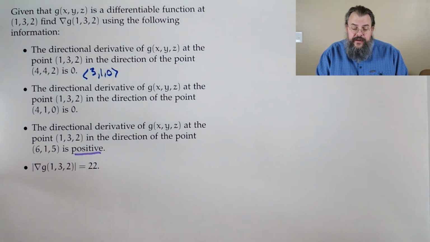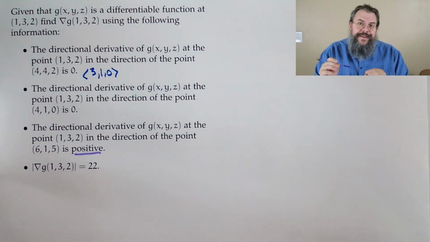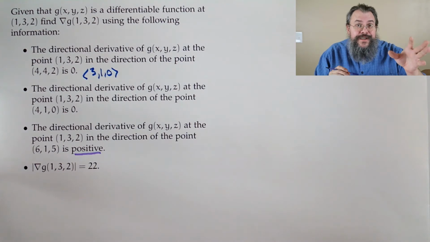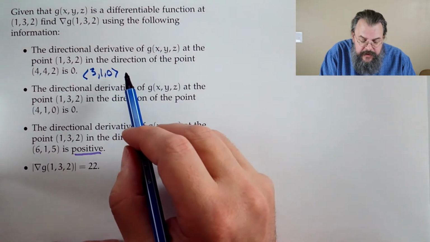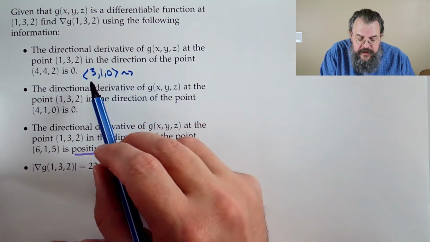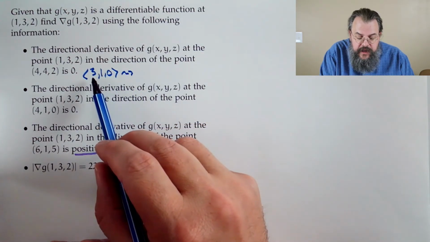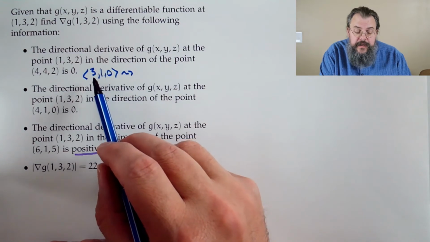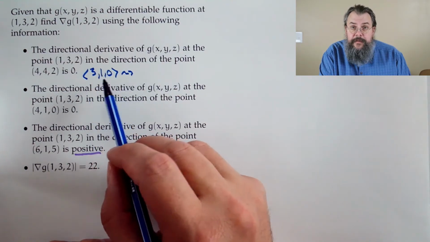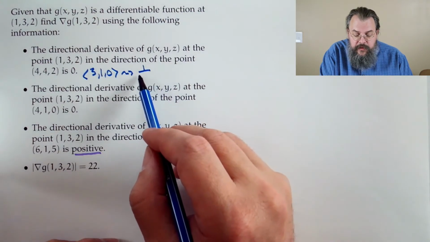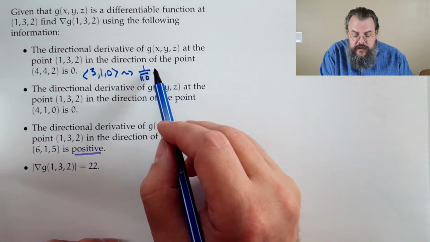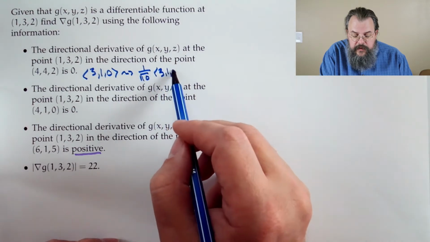All right, so that's our direction, 3, 1, 0. Well, it's the right direction. It's not the unit vector. Okay, but it's not hard to make this into a unit vector. Just find the magnitude, right? Square each entry, 9 plus 1 and 0. Add them up, gets 10. And so the magnitude is the square root of that. So 1 over square root of 10, 3, 1, 0.